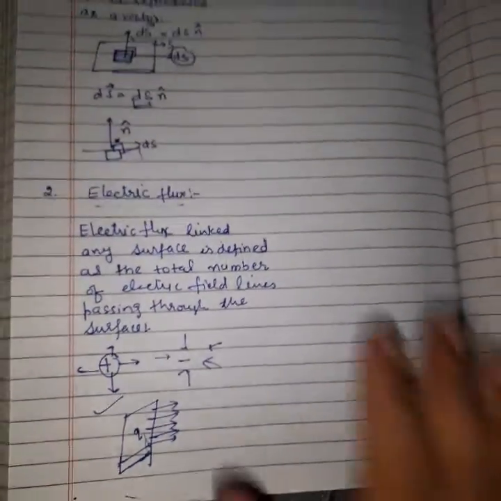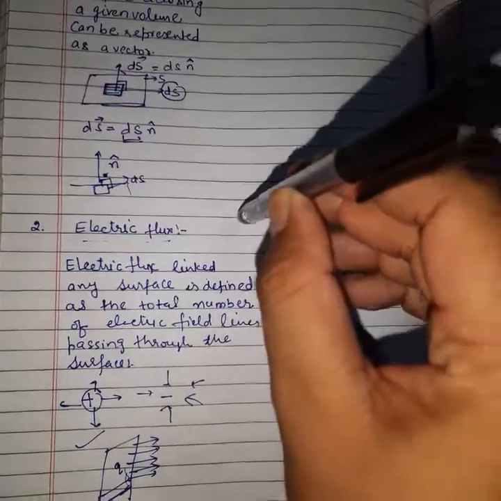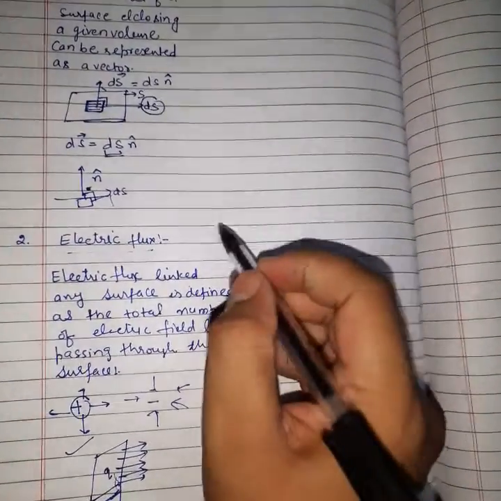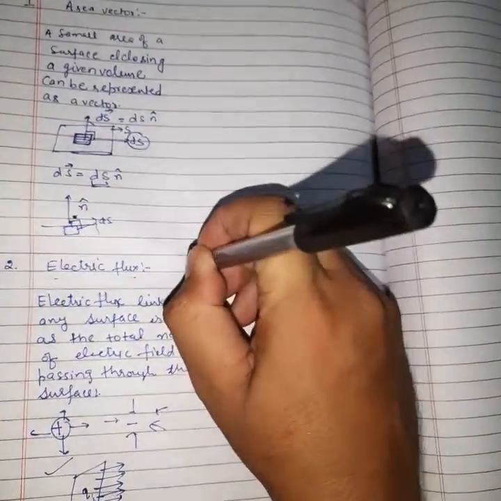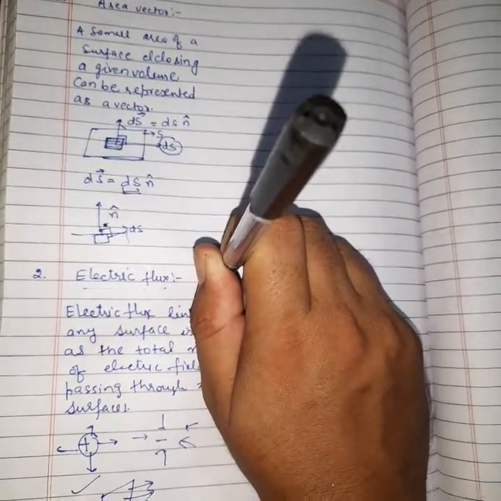Simply, look, this is the surface. We can select this as a surface. I am putting my pen on this surface like this. I put a charged particle here, then electric lines will come out from this surface. This will be the electric flux. Electric flux means a combination of many lines.